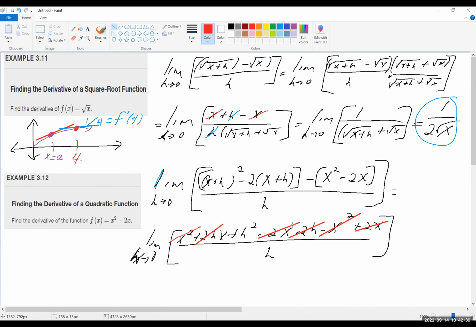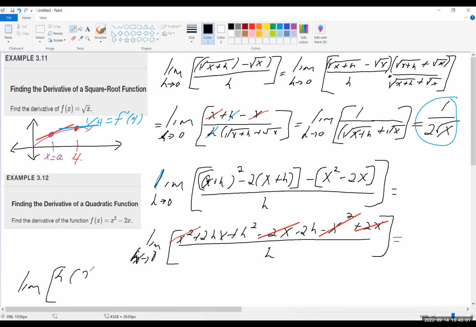Now those have h's in them, but those will not cancel, because one has an x and the other one doesn't. So let me see, I have the limit of brackets. I'm going to factor out an h.